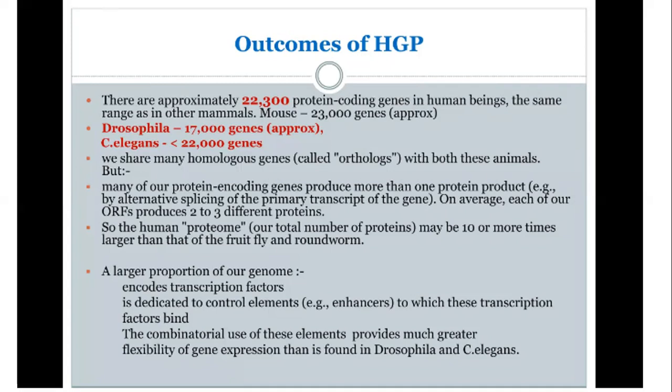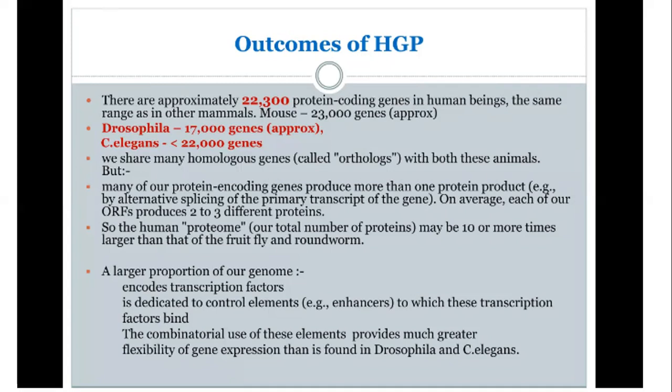As we have discussed, there are approximately 22,000 genes present in humans, and with this the genome sequence of mice, Drosophila and C. elegans, which is the roundworm, was also done.